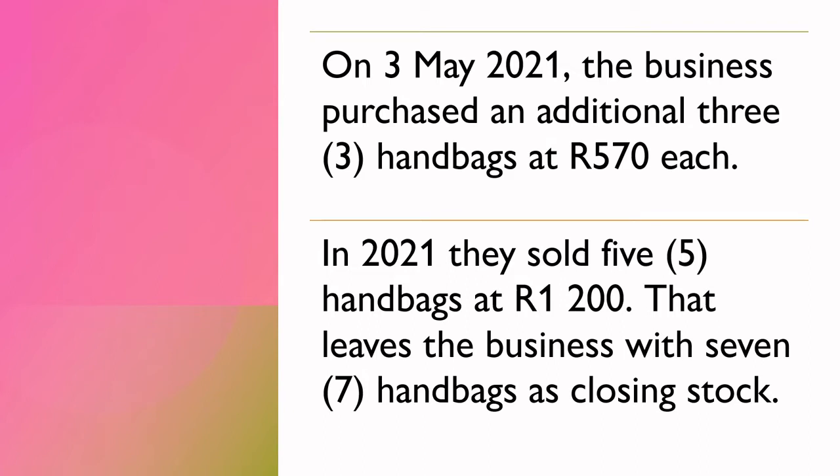That was 3 handbags at 570 Rand each. So this is buying inventory, which is now stock that the business can sell. In 2021, they sold 5 handbags at 1,200 Rand each. After that sale, it left the business with 7 handbags in closing stock.